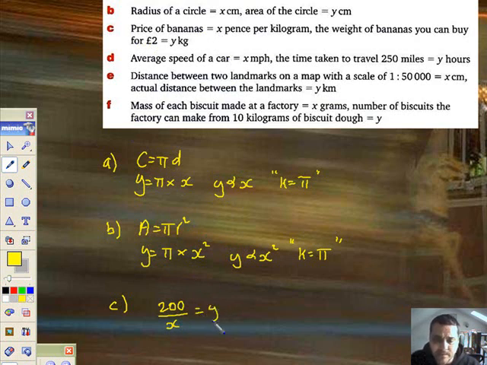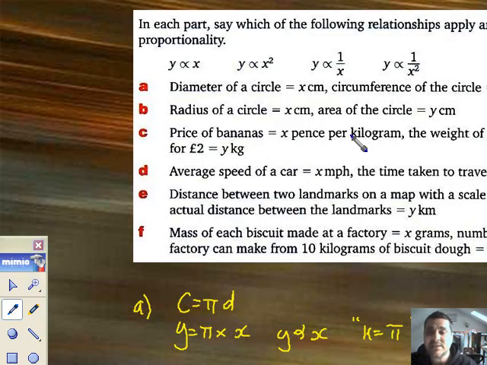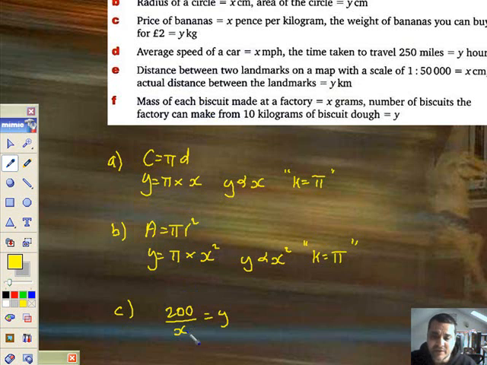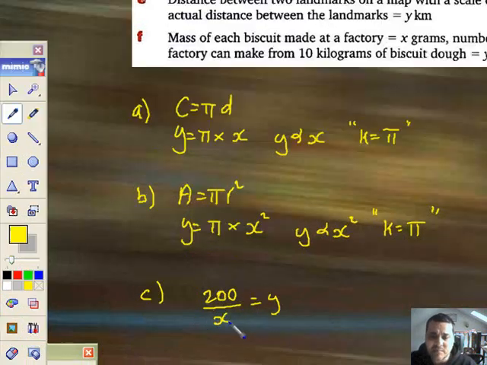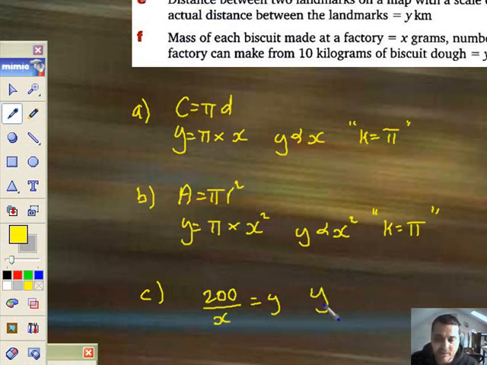Let's just study that. Here we go. The price of bananas is so many pence per kilogram. So if I divide my 200 pennies by my x pennies, I should get the weight of bananas that I can actually buy. So if I rearrange this, I've got y equals 200 divided by x.